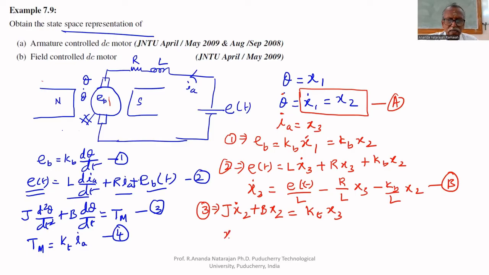Or we can write x2 dot equal to K_T by J x3 minus B by J x2. So we got three first order equations.